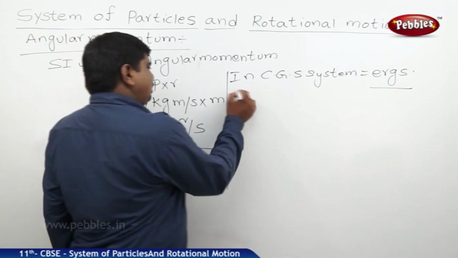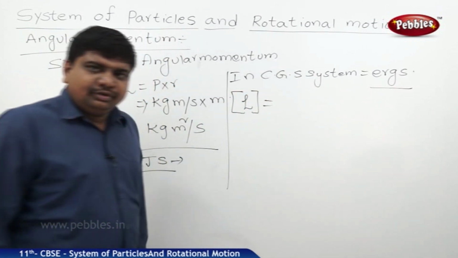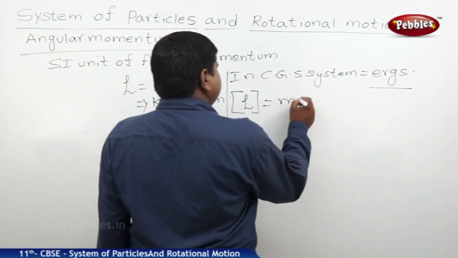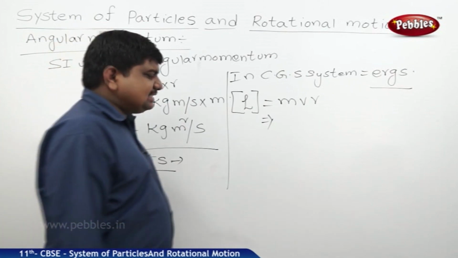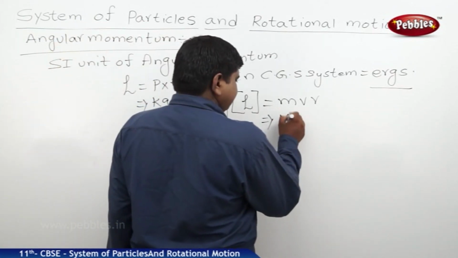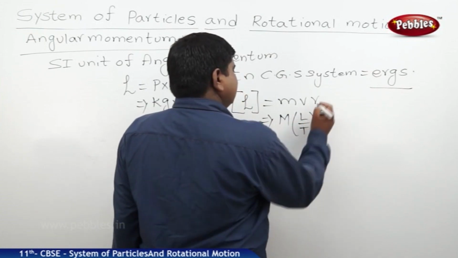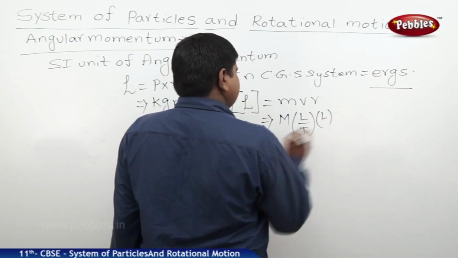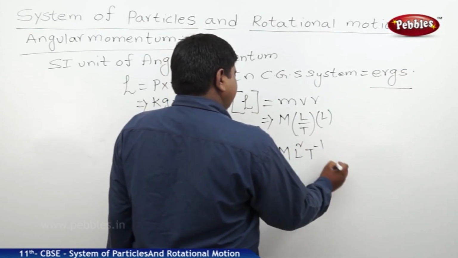So the dimensional formula of the angular momentum, square brackets L, the actual formula is mvr. The symbol of mass in dimensions is capital M, velocity L by t, radius L. Therefore it is M L square t power minus 1.